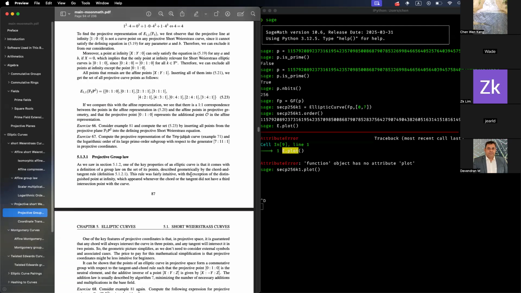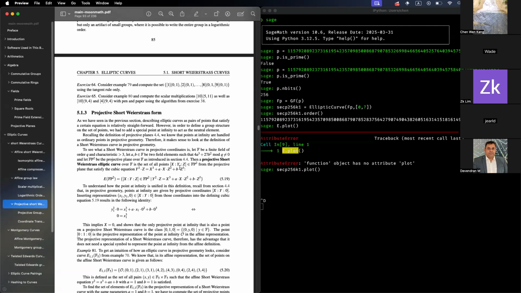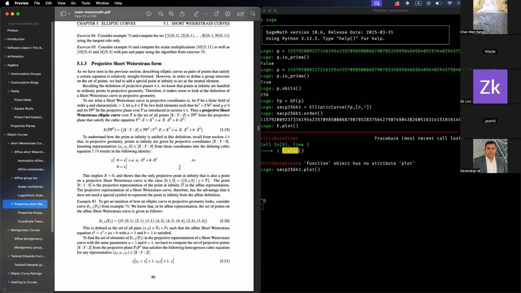Here they talk about the projective representation, I believe.